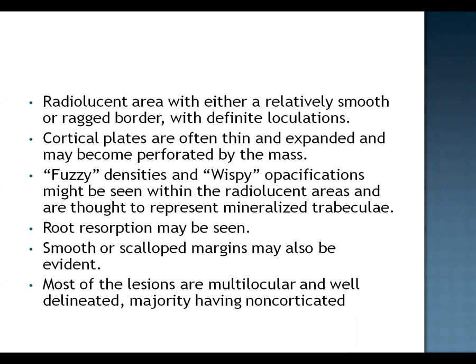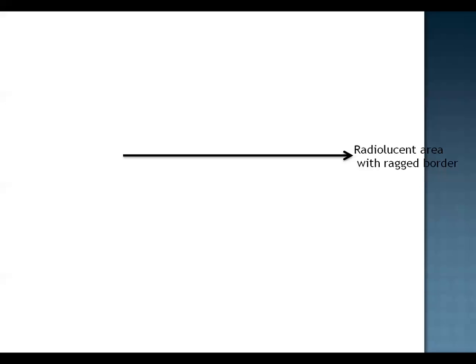Cortical plates are often thin and expanded and may become perforated by the mass. Fuzzy densities and wispy opacifications might be seen within the radiolucent areas and are thought to represent mineralized trabeculae. Root resorption may be seen. Smooth or scalloped margins may also be evident. Most of the lesions are multilocular and well delineated, the majority being non-corticated.